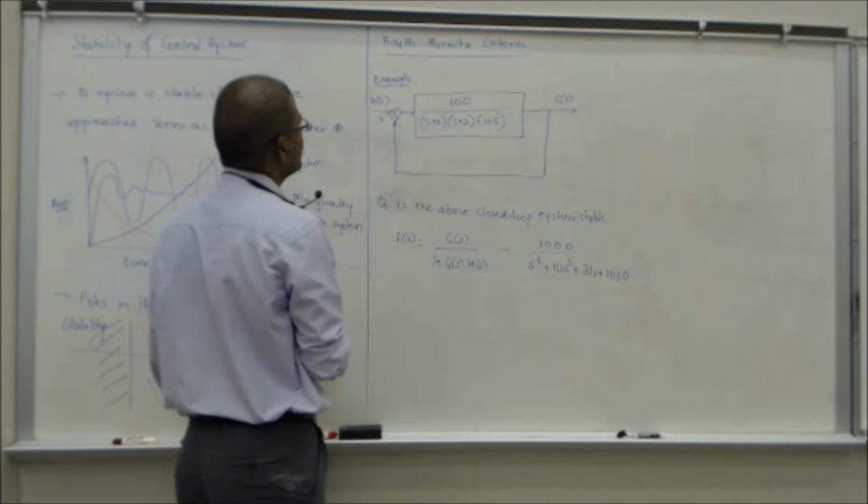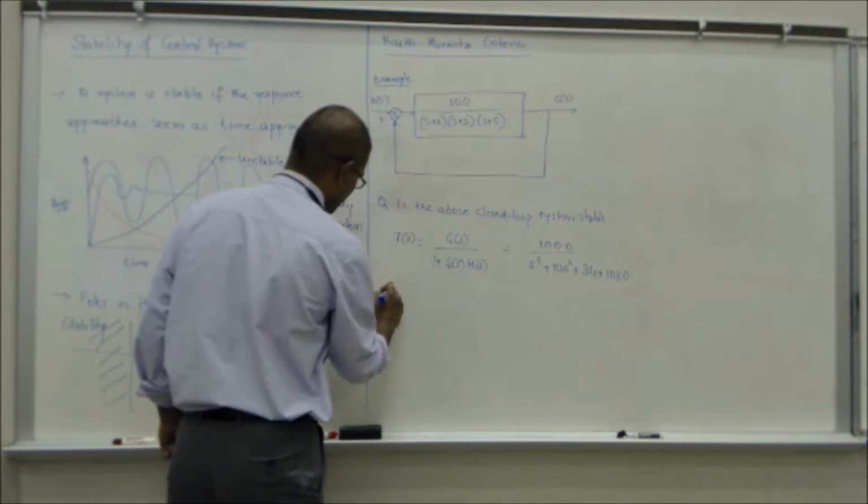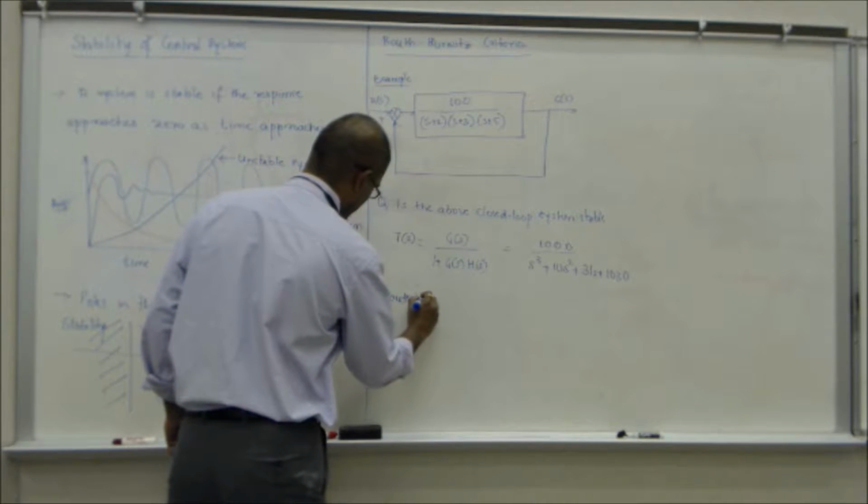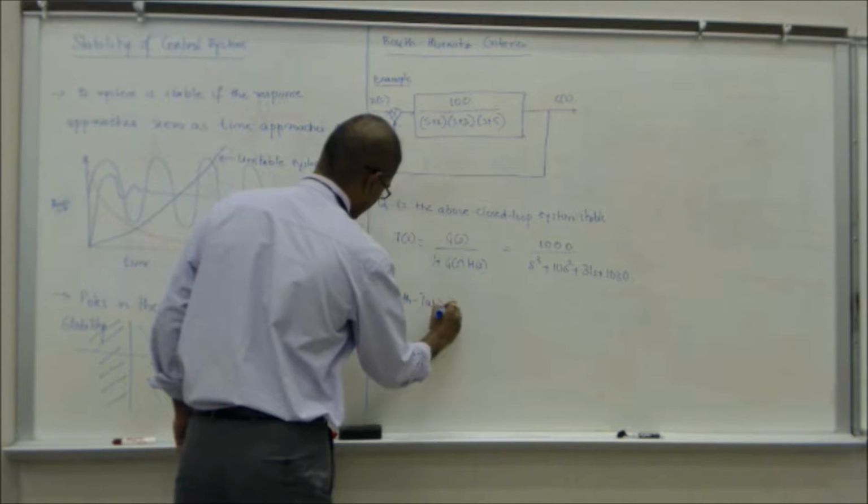In this method, what you do is you construct something called a Routh table.